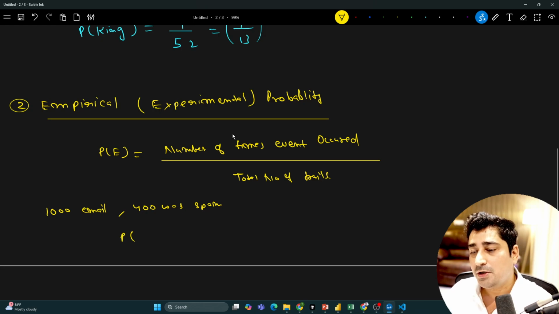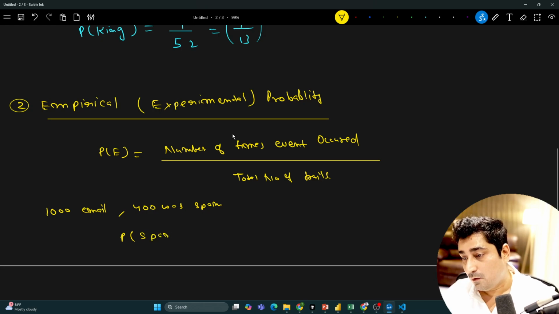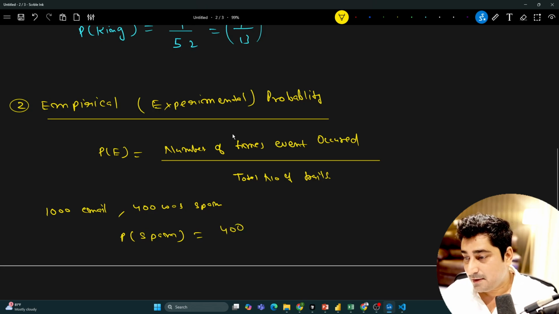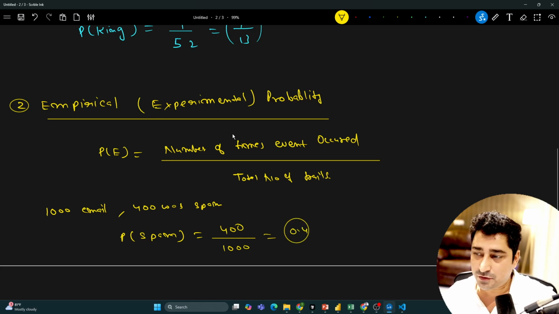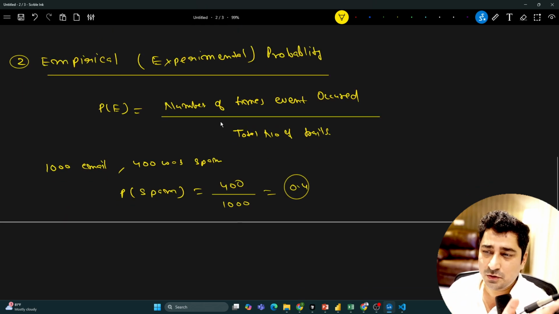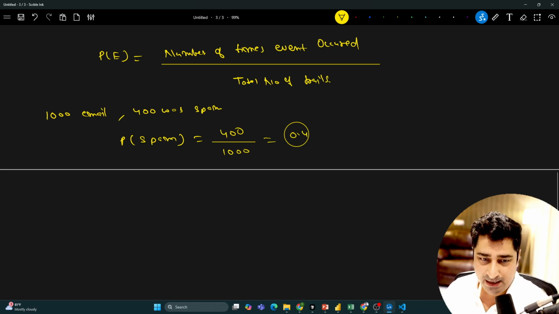Now if someone asks me what the probability of spam is, it's simple: 400 divided by 1000 is 0.4. So whenever I receive the next email, there is a 40% chance that it is going to be spam.